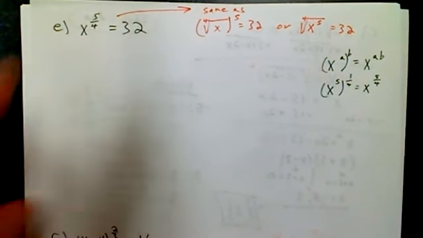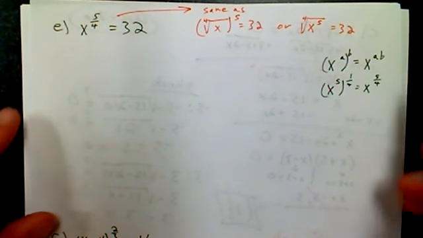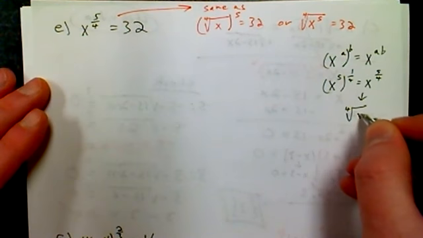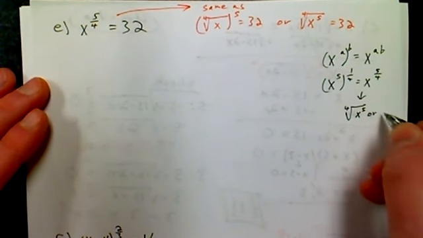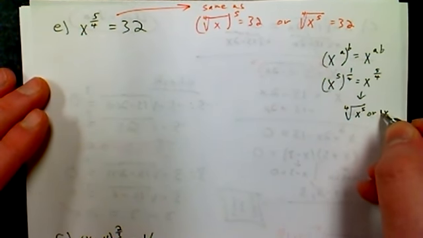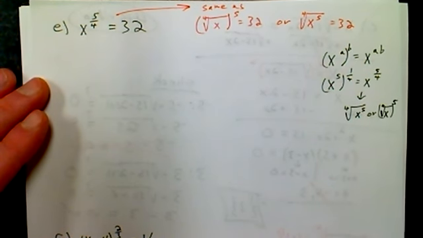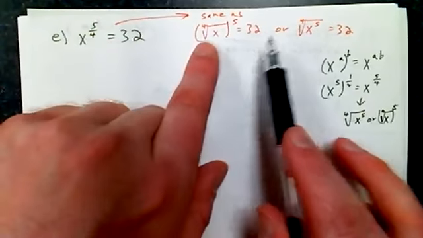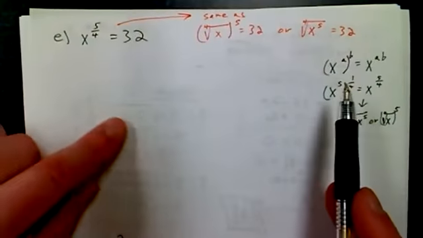Okay, so those are just from rules of exponents. And then from there, this is the 4th root of x to the 5th, or the 4th root of x all raised to the 5th. I guess it's a little easier to see what I wrote up here, is to realize that this is the same as either one of these depending on how we want to write it.